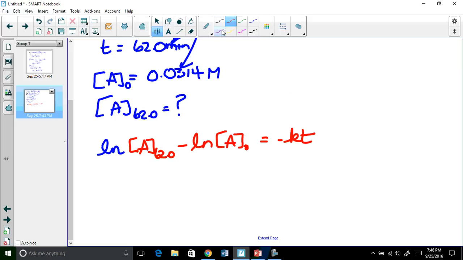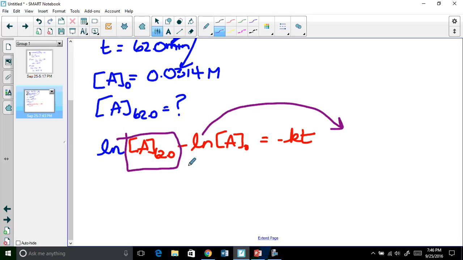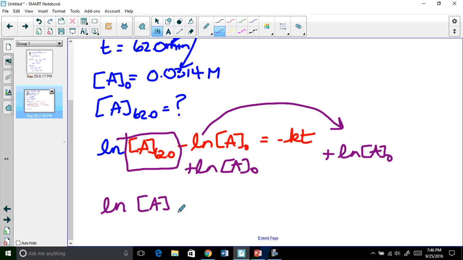Well, I'm trying to isolate this guy right here. So the first thing I'm going to do is move this to the other side by adding the ln of A sub 0 to both sides. And then so now I have the ln of A sub t, which t is 62 minutes, equals negative kt plus the ln of A sub 0, and we're almost there.